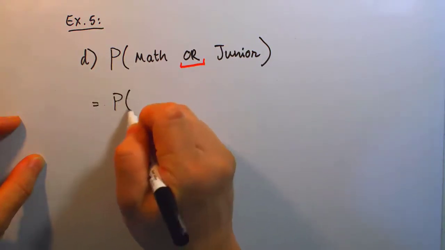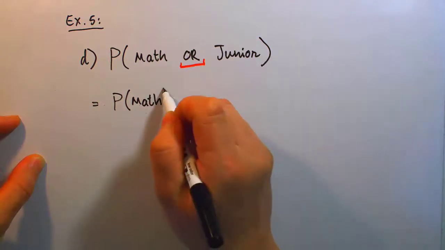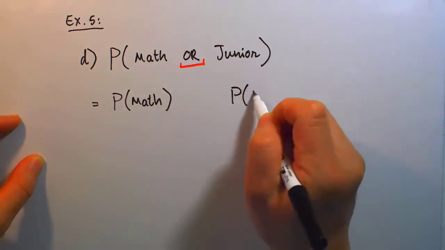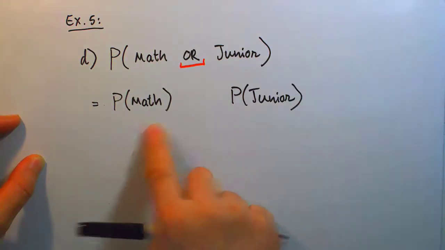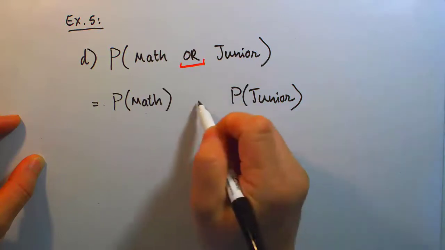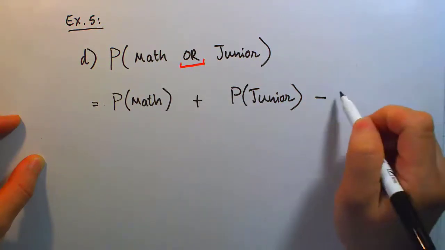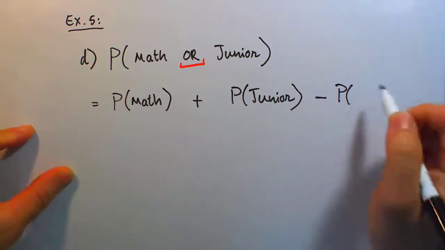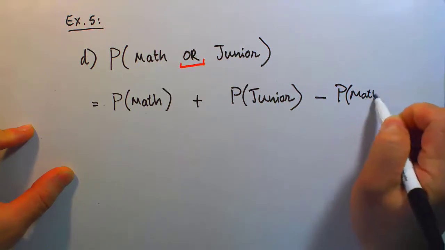I am going to find one separate probability for math, and one separate probability for junior. The two separate probabilities, I am going to add them up. And then we are going to subtract the probability of being math and junior.